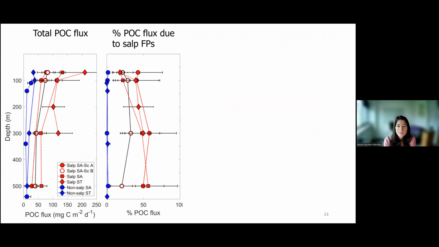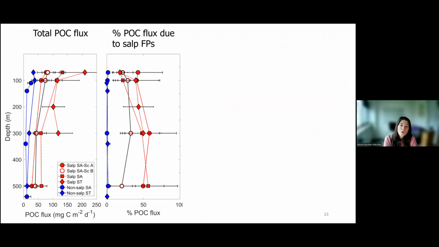We also looked into the material collected in the sediment trap and identified intact Salp fecal pellets. This is going to be a conservative estimate of how much Salps contribute via fecal pellets, because a lot of the fecal pellets can break up or become aggregates. So the measurements here are showing only the ones that were clearly Salp fecal pellets in the sediment traps.